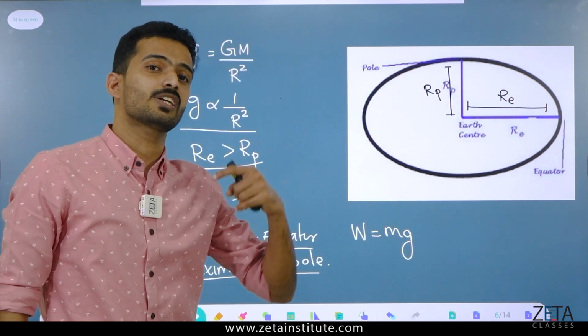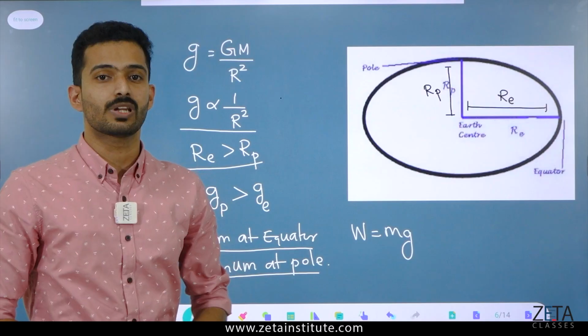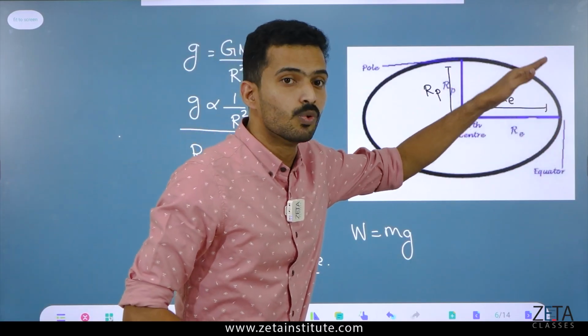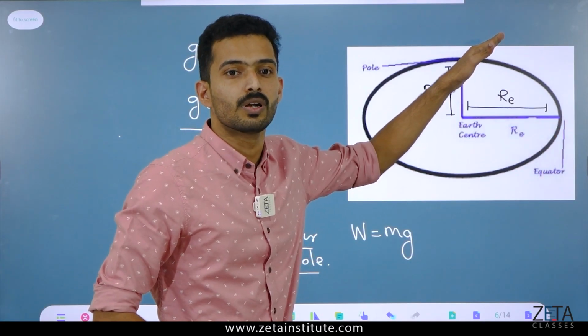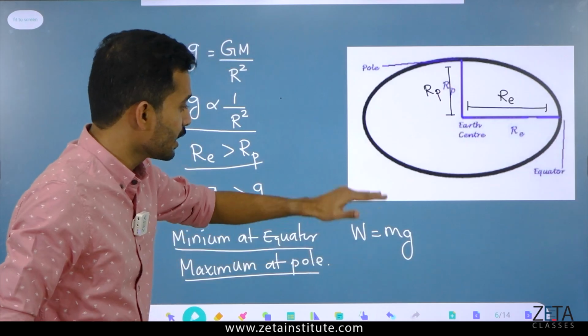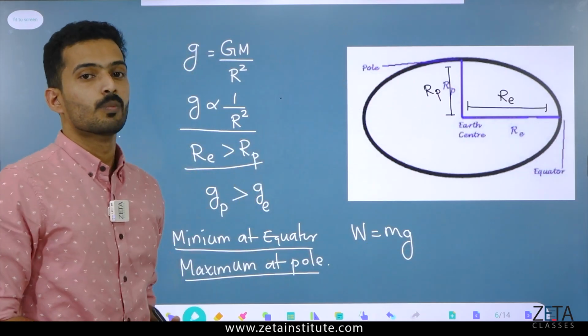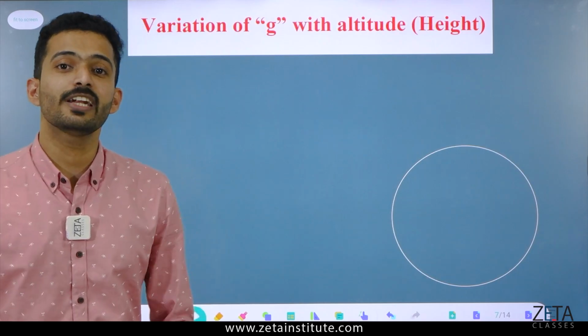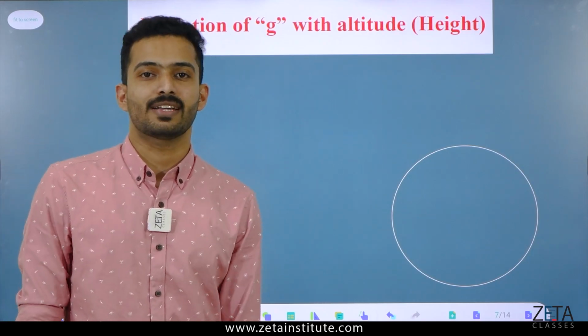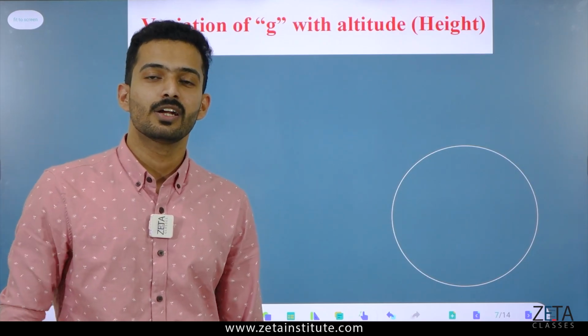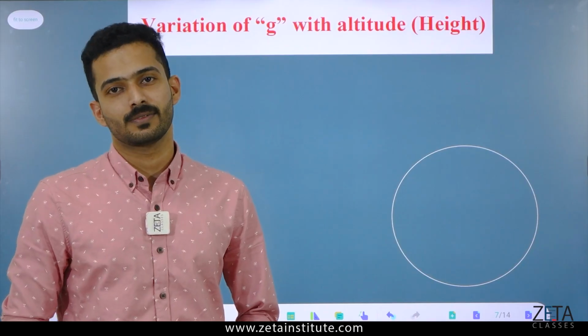So keep in your mind, the weight of an object increases from equator to pole. So we have already discussed the variation of acceleration due to gravity due to the shape of the earth.